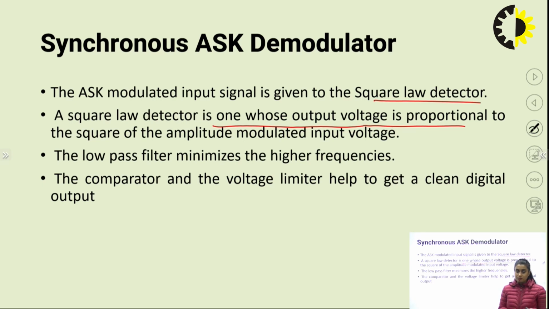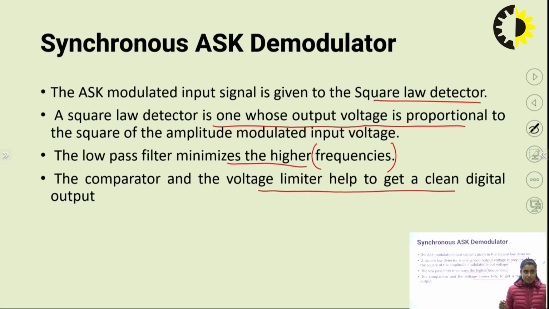This is how passive elements used in a square law detector work, right? Squaring the value. Now the low pass filter will minimize the high frequencies, true, and the comparator and the voltage limiter help to get a clean digital output. The job of a comparator and voltage limiter is to extract digital output from the continuous input, right?